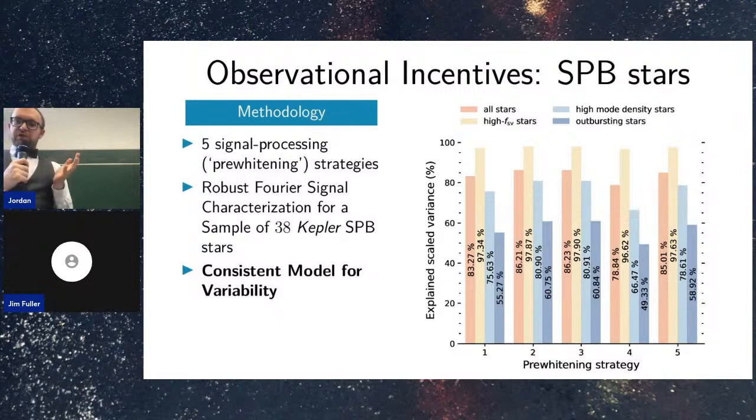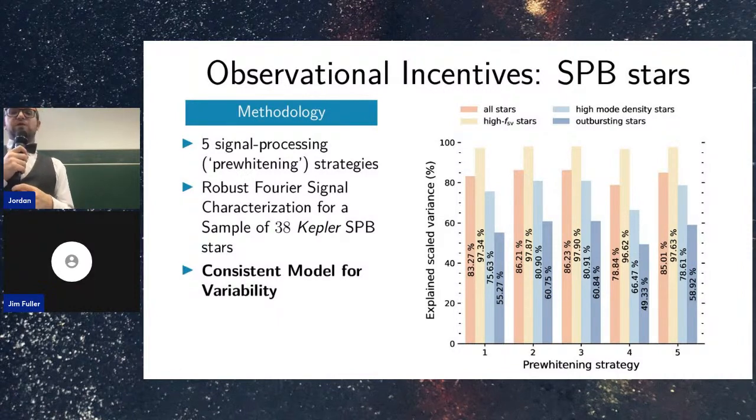And for 50% of these stars, which are called the high FSV stars, sorry, I also put them in boxes. I'm also an astronomer, I guess. These high FSV stars, they are well represented by the techniques that we use to model them. So that's a very good thing, of course.